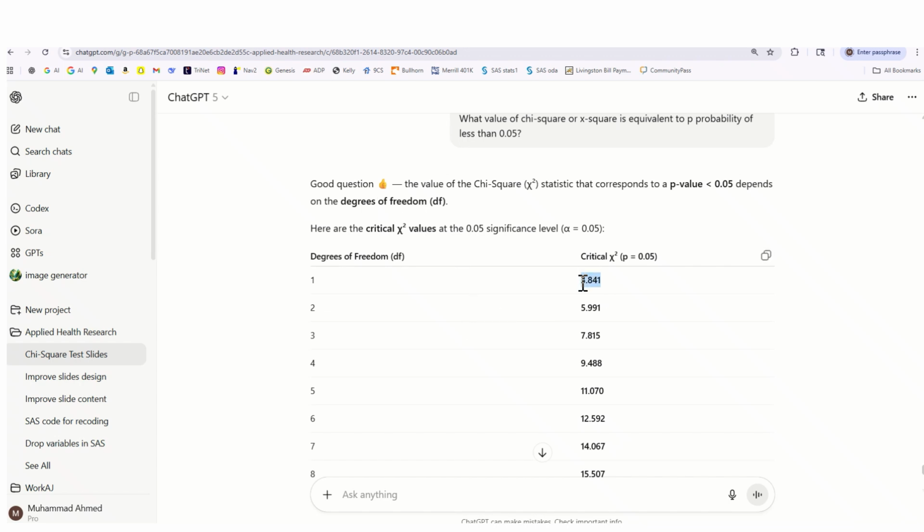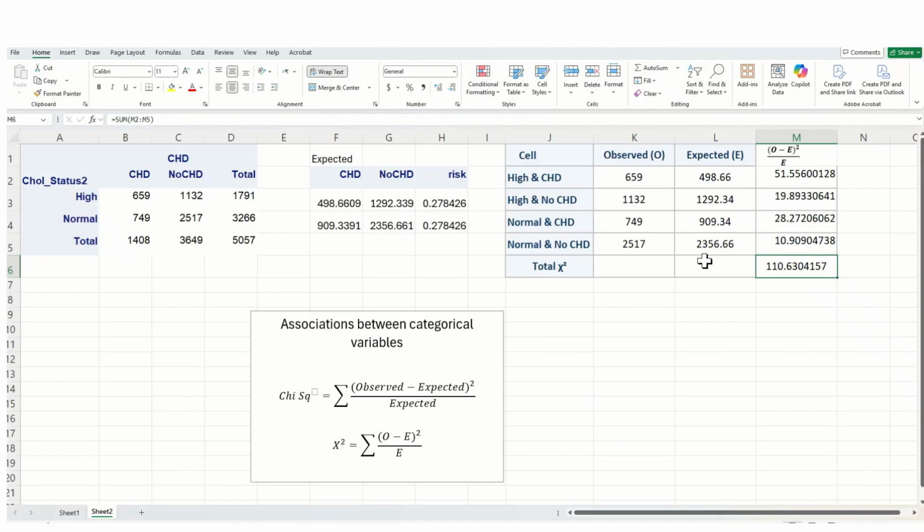And we see here that for 1 degree of freedom, the x square which will give us a probability of 0.05 is 3.84, and as we see here, our value of 110 is way bigger than that. So it must be way smaller than a probability of 0.05.